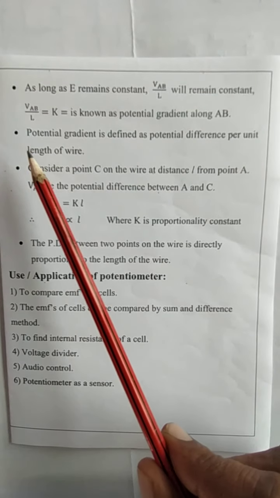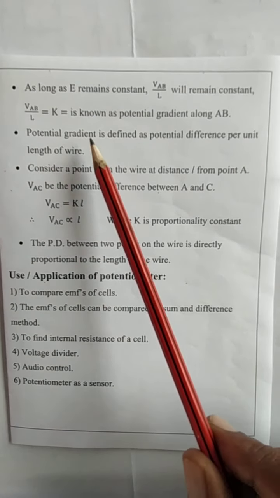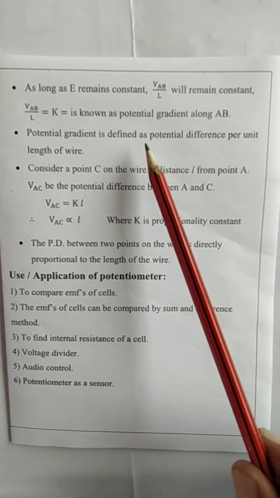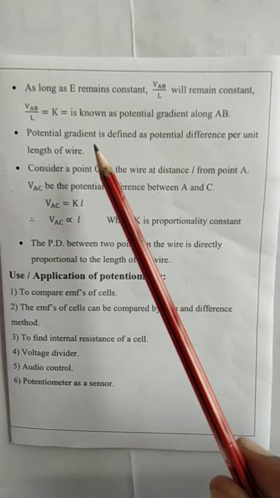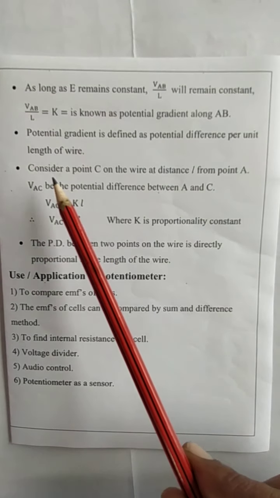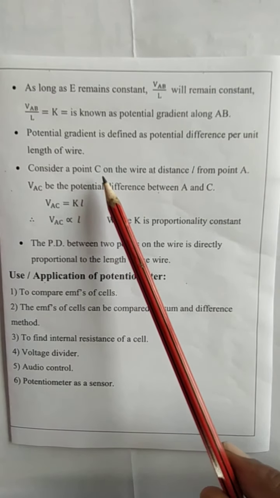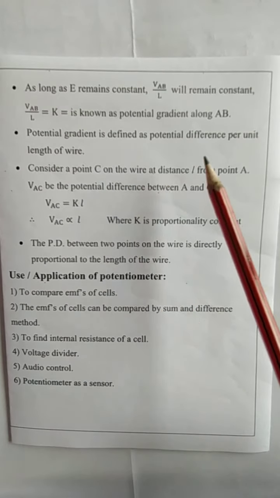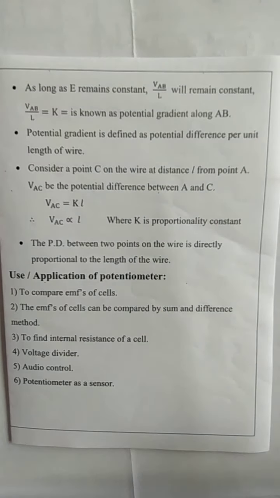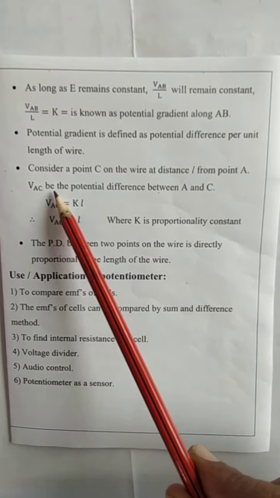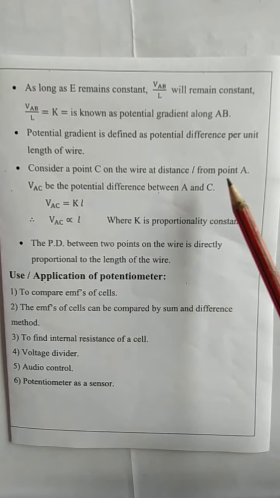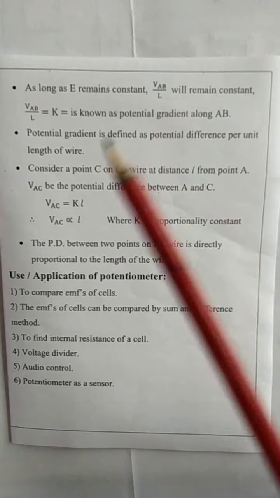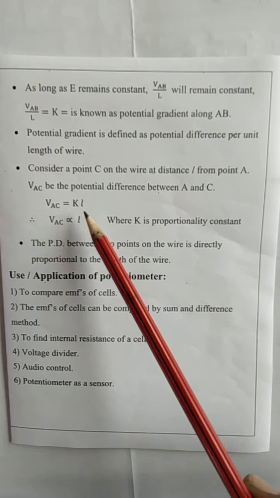The definition of potential gradient: potential gradient is defined as potential difference per unit length of wire. Consider a point C on the wire at a distance small l from point A. VAC is the potential difference between points A and C. VAC is equal to Kl.